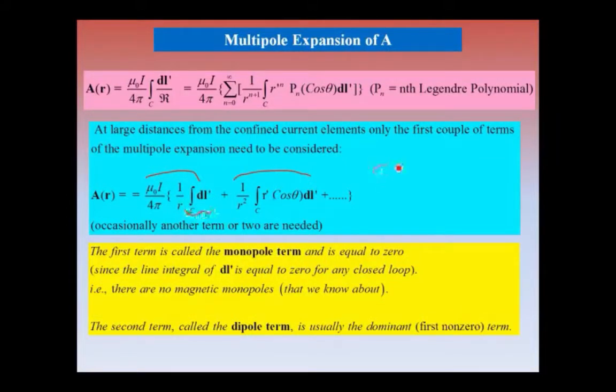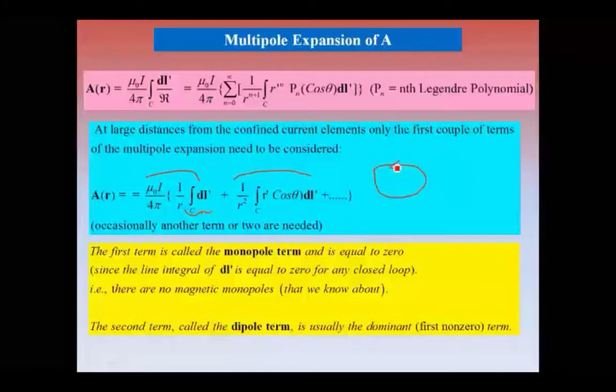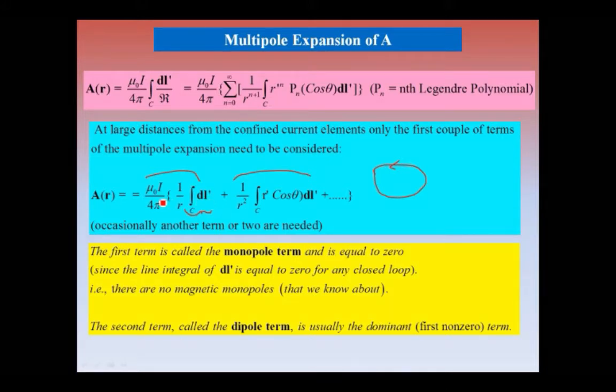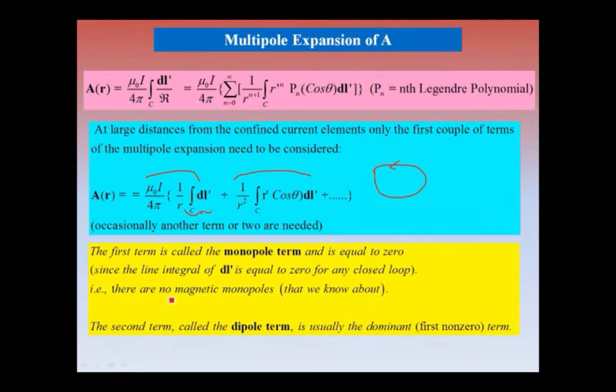Well, if you go around the circle and just add up all the dl's, if you make a closed circle, you're going to end up with 0. So this factor right here is equal to 0. Well, this is the monopole term, and just as we said, we expect that to go to 0, and it does. Why do we expect that? Because there are no magnetic monopoles, at least that we know about.